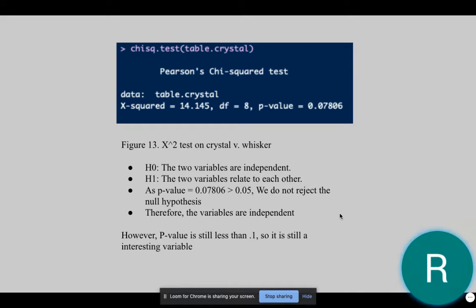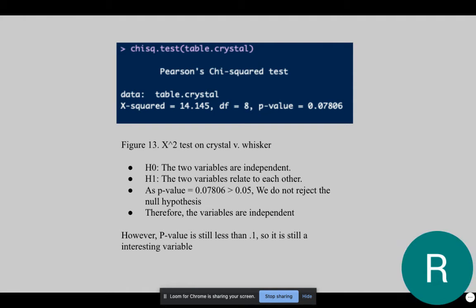So I did another chi-square test on the crystal phase of the element. And we see the p-value is 0.07806, greater than 0.05, so we do not reject the null hypothesis, therefore the variables are independent. However, the p-value is less than 0.1, so it's still an interesting variable.